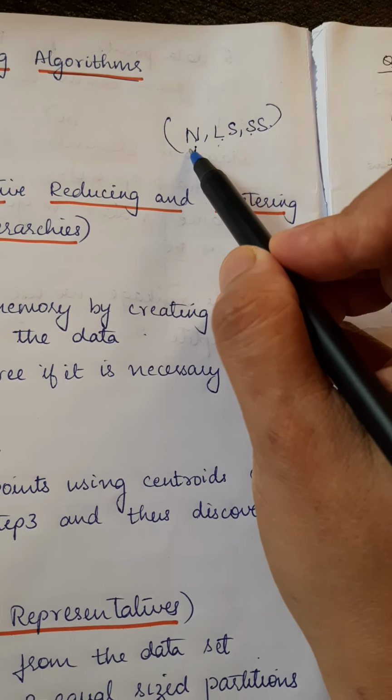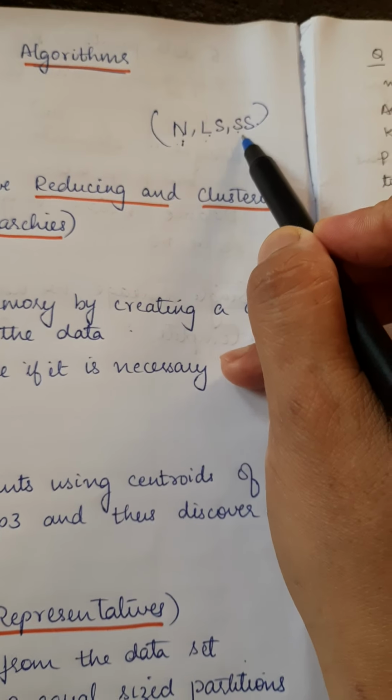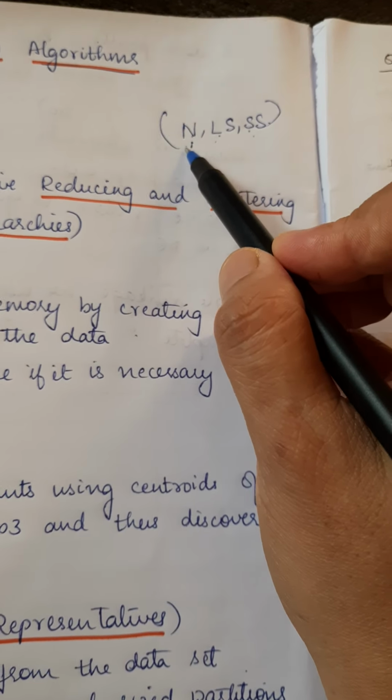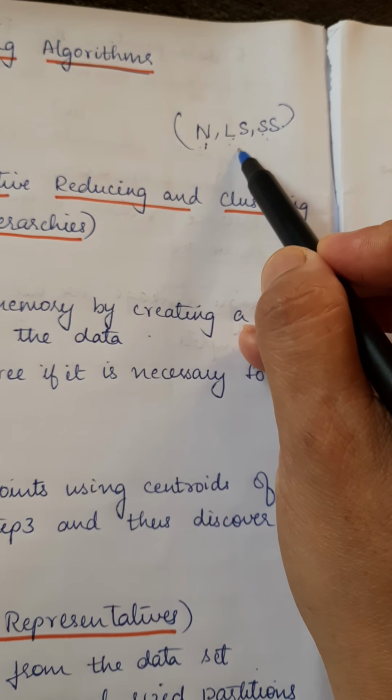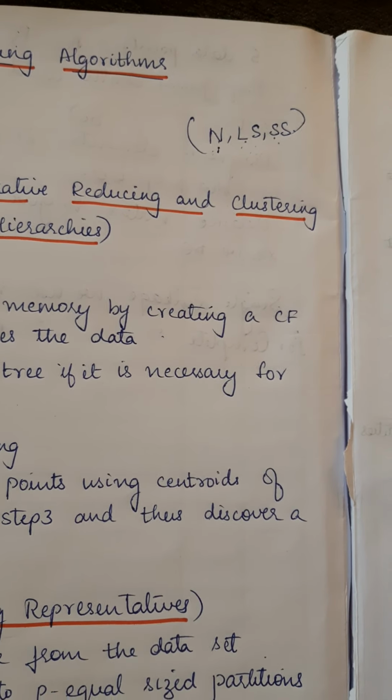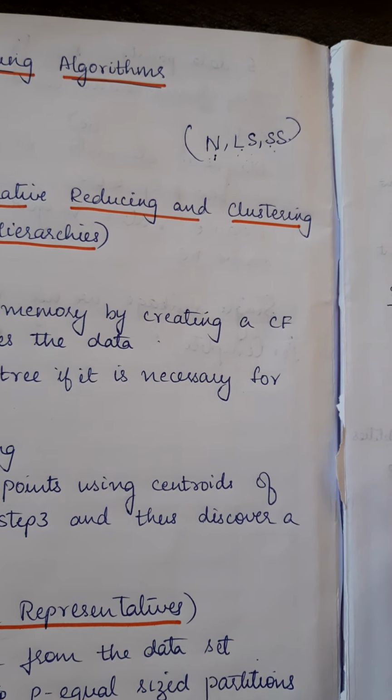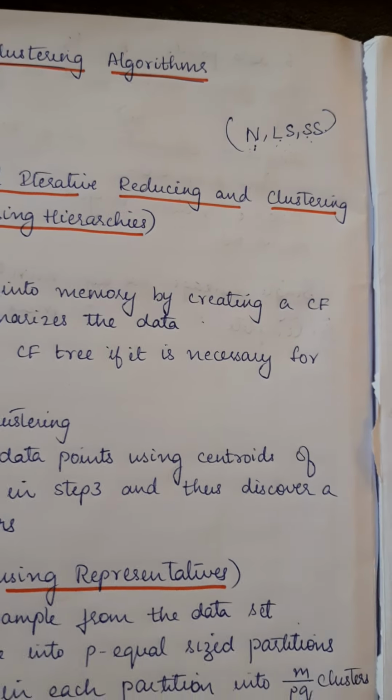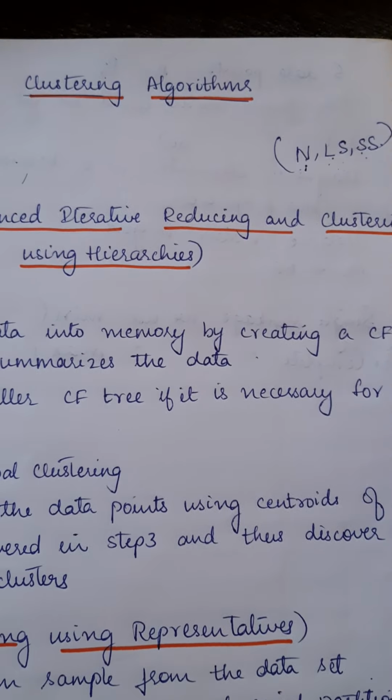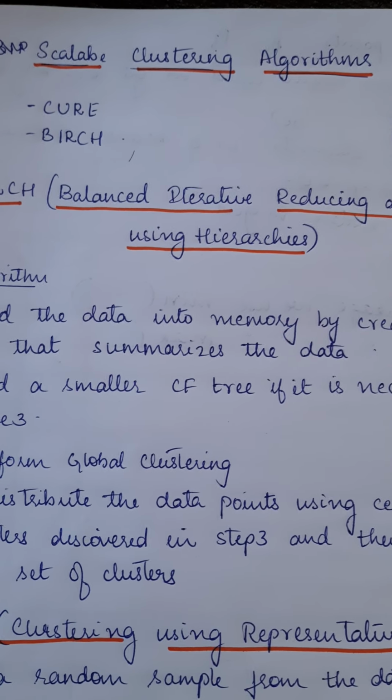Based on this triplet we are going to represent the cluster. Then what is a CF tree? A CF tree, or clustering feature tree, is a height-balanced tree. First of all, a CF tree is built as the data is scanned.